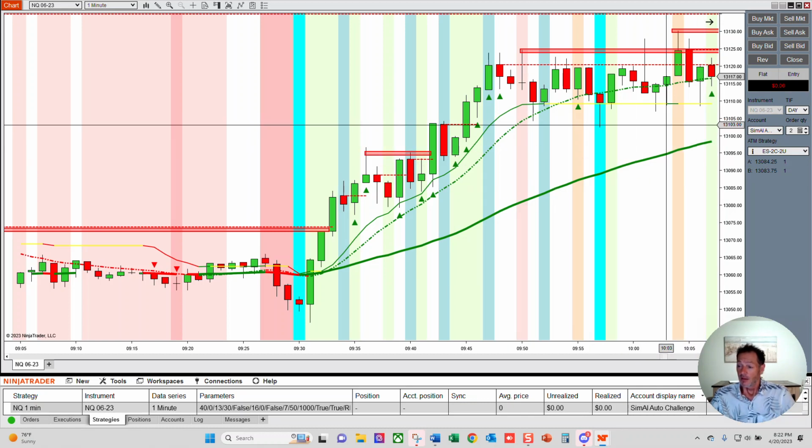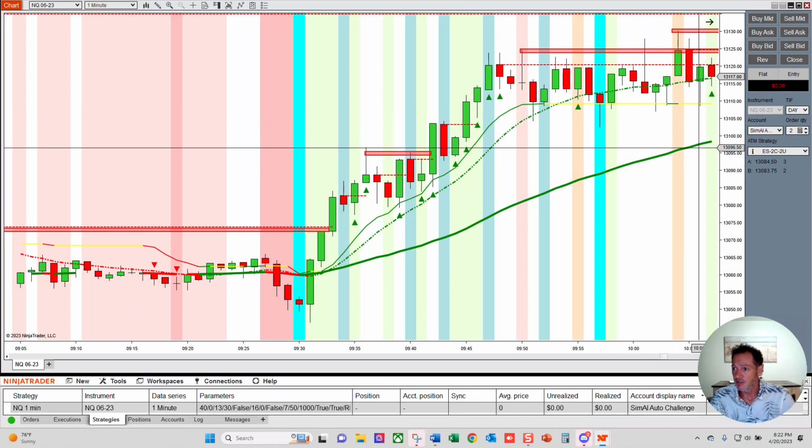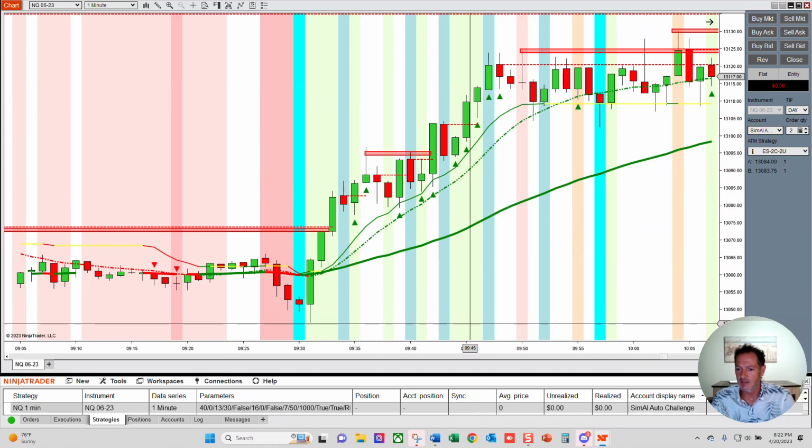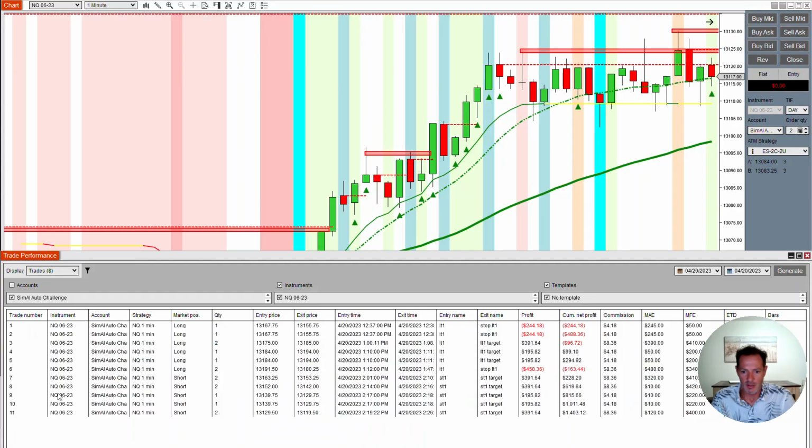So that's why we're not getting some of these trades that are extended far off the 50. But let's look at how we could change our settings to then catch those trades, which I did this afternoon. Let me just show the quick trade performance. This is the NQ for the auto challenge.